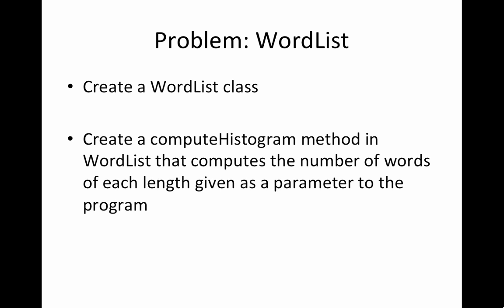The computeHistogram method will be computing the number of words of each length given as a parameter to the program. So, for example, say that I give as a parameter to the program two words, the word 1 and the word 3. How many letters does 1 have?